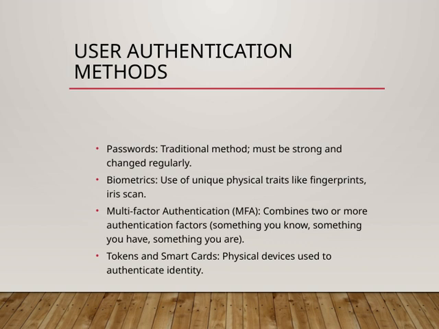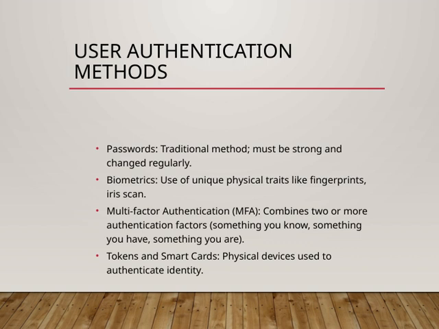Then there's multi-factor authentication, or MFA. This is a more robust approach that combines two or more authentication factors. For example, you might need something you know, like a password, something you have, like a smartphone, or something you are, such as a fingerprint. Using MFA significantly enhances security because it requires multiple forms of verification. Finally, we have tokens and smart cards.